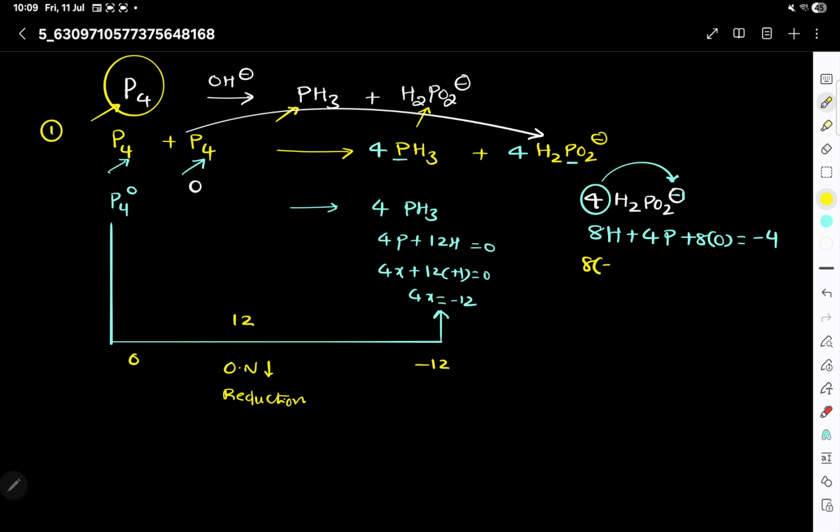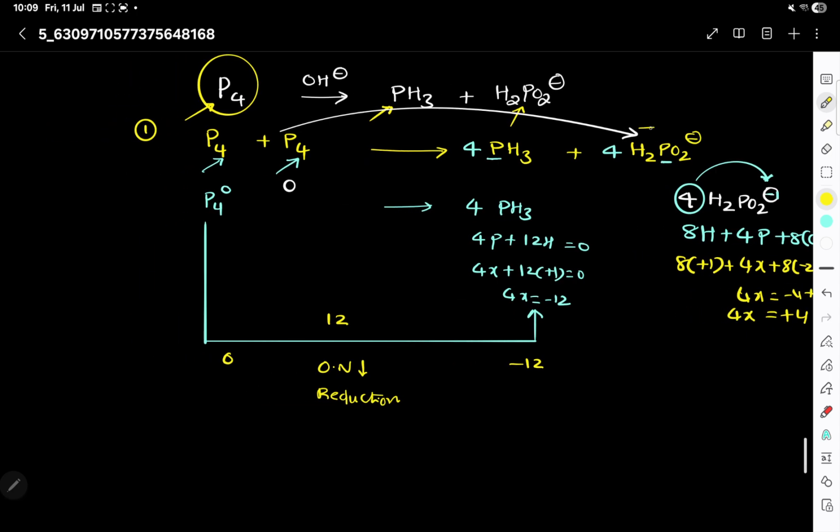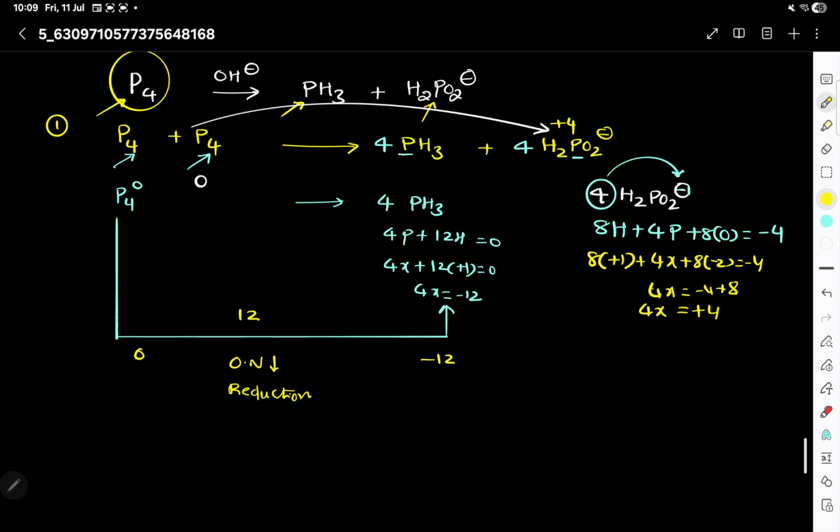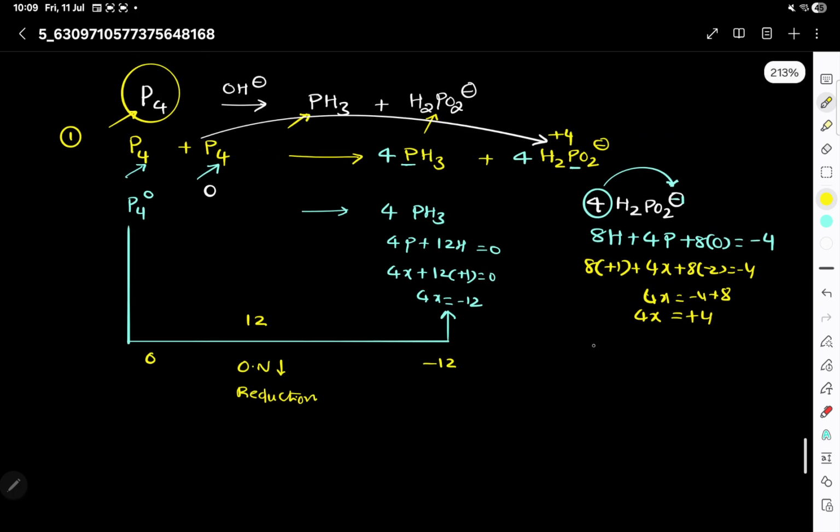Now substitute: 8 into plus 1 plus 4x plus 8 into minus 2 is equal to minus 4. Then 4x is equal to minus 4 plus 8, that is plus 4. Now you can see 0 to plus 4, the oxidation number increases. An increase in oxidation number is called oxidation. Understood this, students? So this is the process.